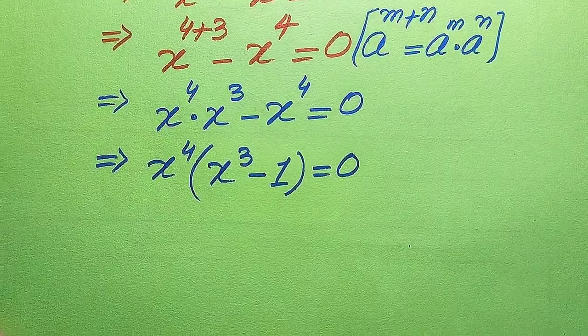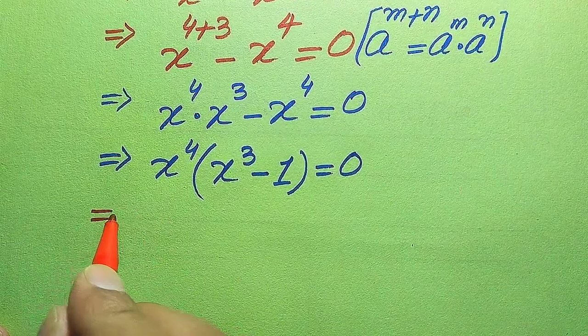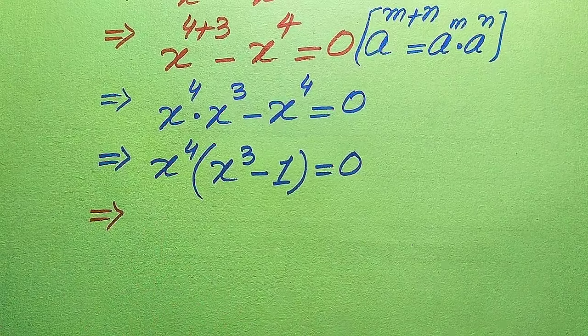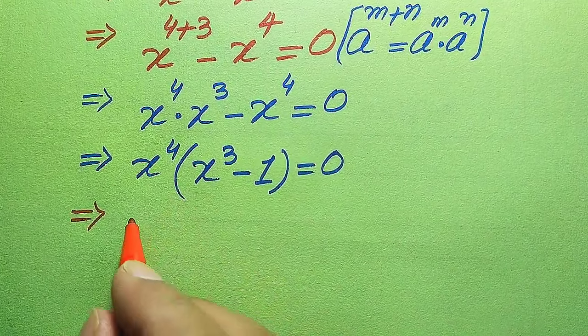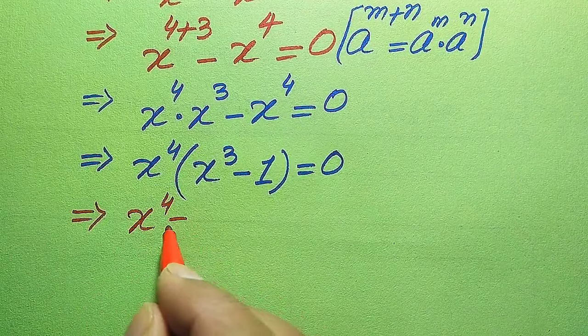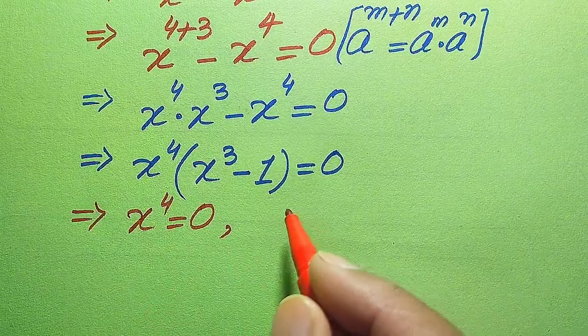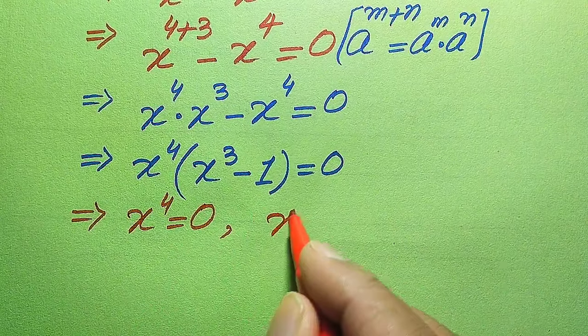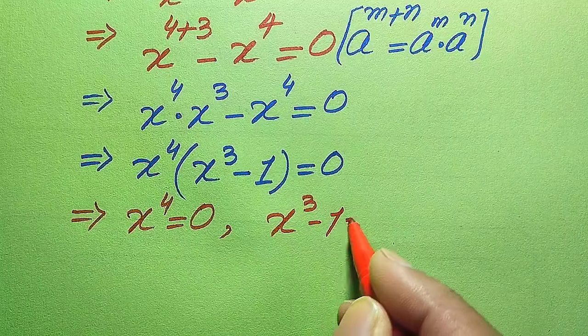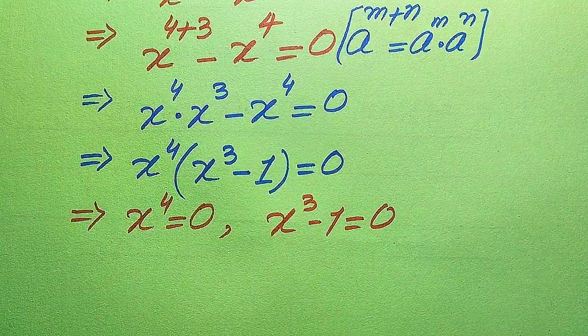So further, in the next step, we need more simplification, and here we divide this equation into two cases. The first case is we write x to the power of 4 is equal to 0, and the second case is we write x cubed minus 1 is equal to 0.